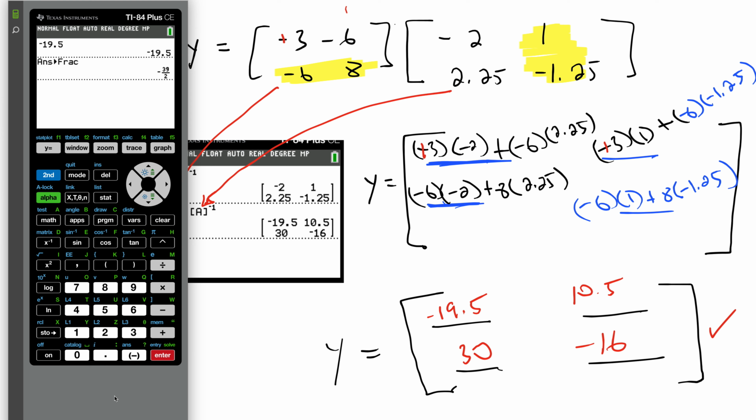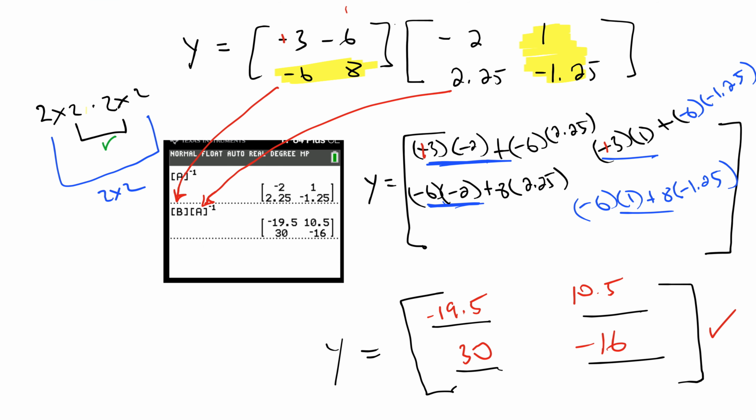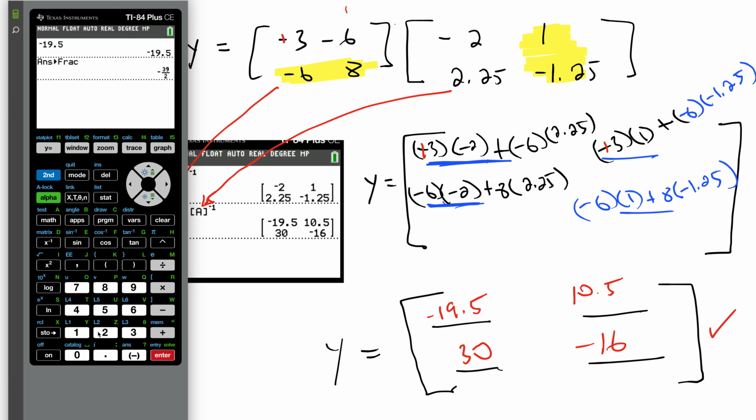So if you need improper fractions, the first one is negative 39 over 2. The second one is 10.5. Do 10.5 on the calculator, enter, math, enter, enter: 21 over 2.